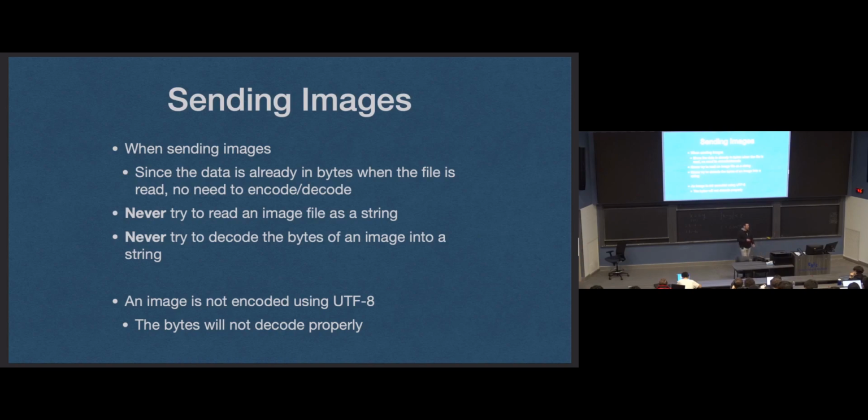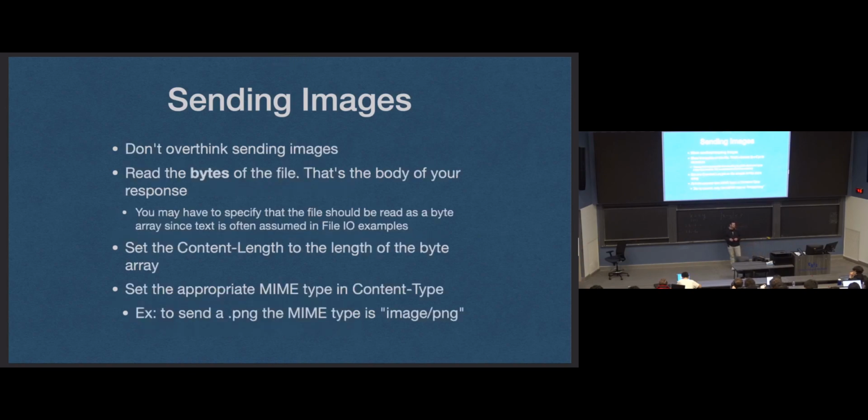So when we have an image, what we do want to do is take our status line and our headers. We can do all that in the world of strings. We're going to create the headers of our response, everything up to that blank line, that CRLF. All that can be in the world of strings.